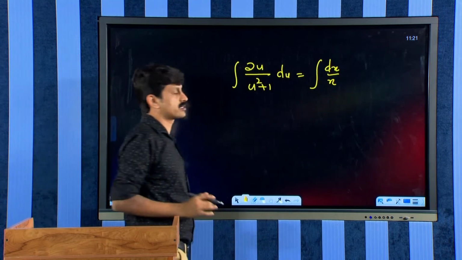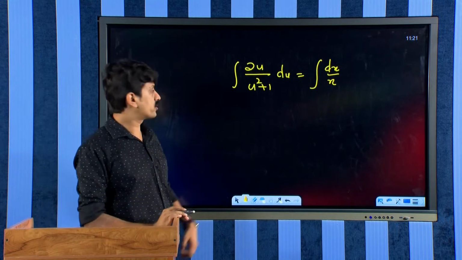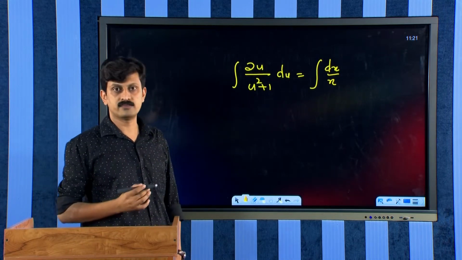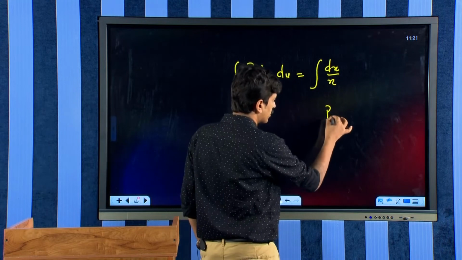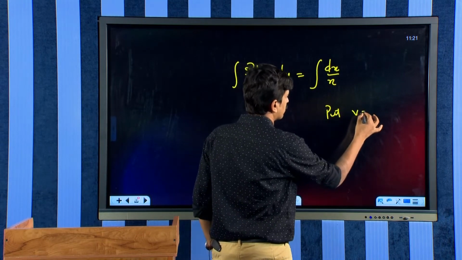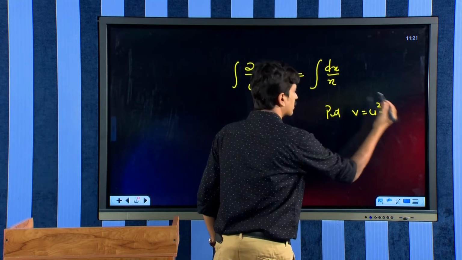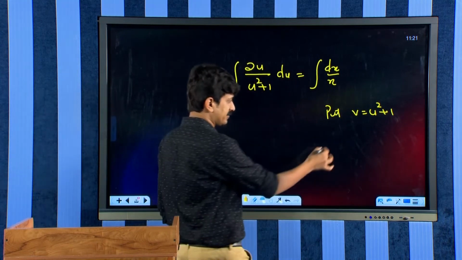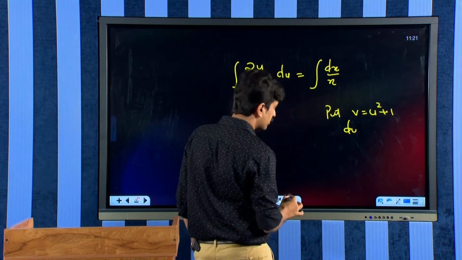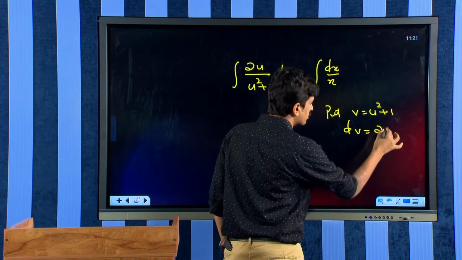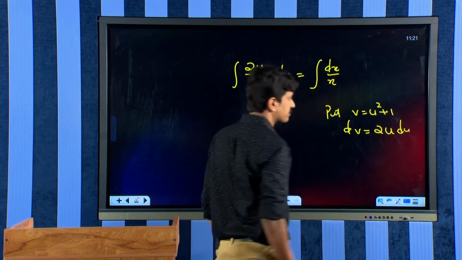Say, put u square plus 1 as v. We just put v is equal to u square plus 1. What will happen? dv is equal to 2u du.